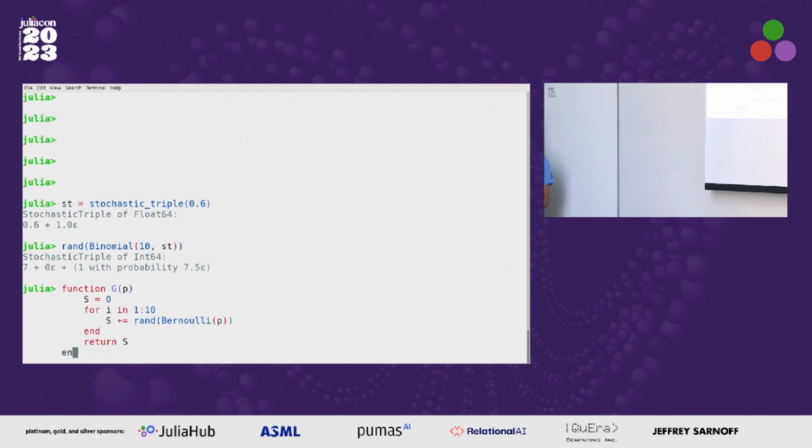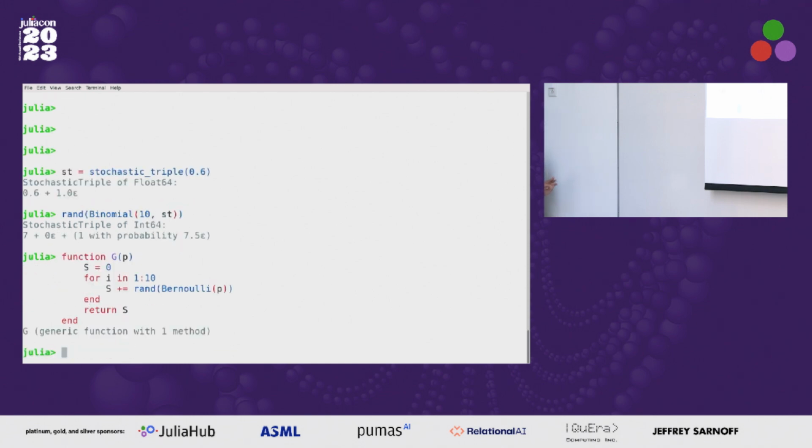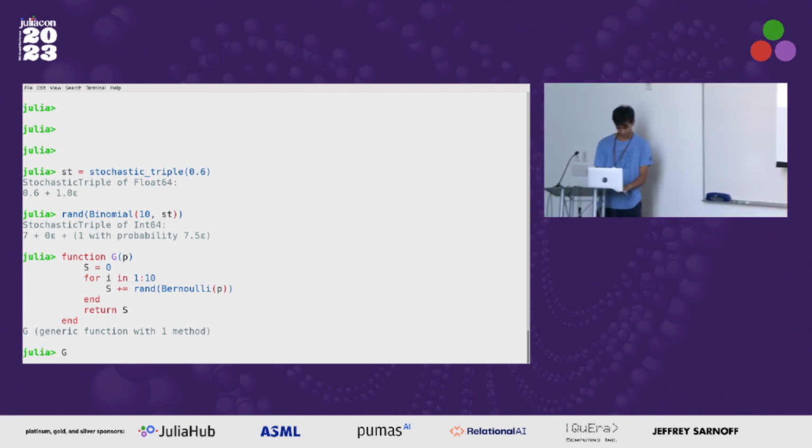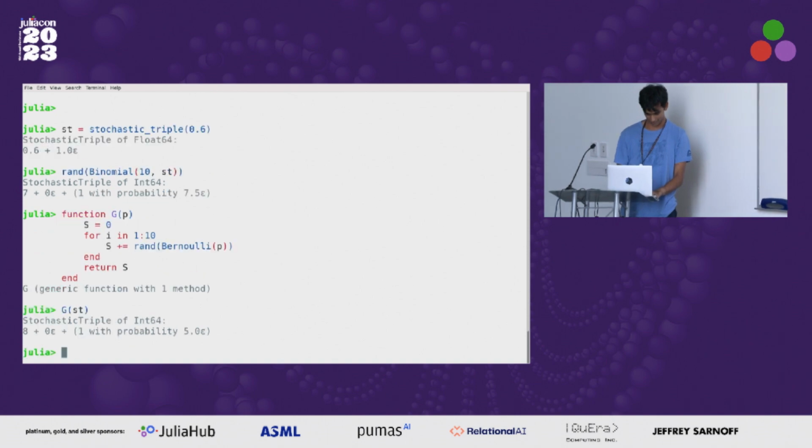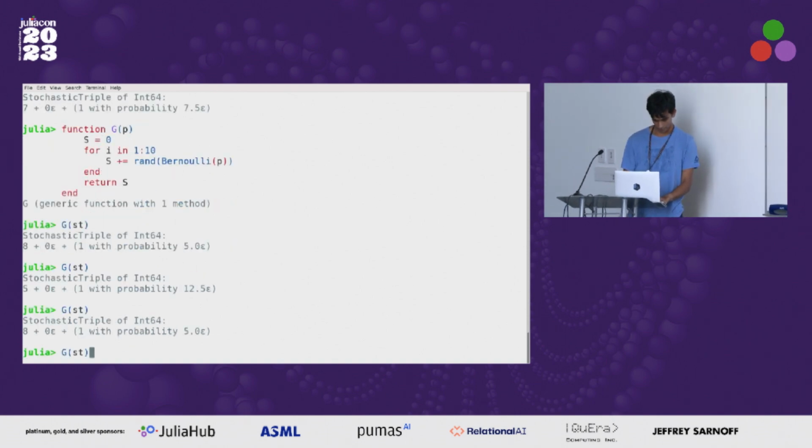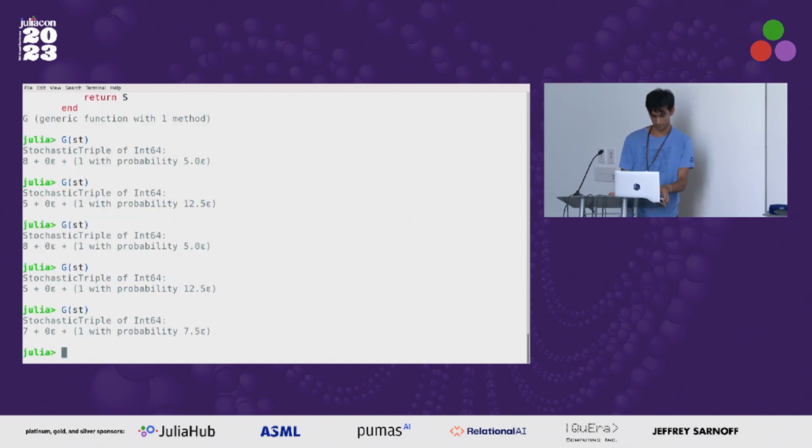Does anyone recognize what this computes? I think maybe you all do. It's the same program, right? So if I put this in here, we're getting different random outputs each time, but it's actually doing the same thing. The derivative stuff is the same.